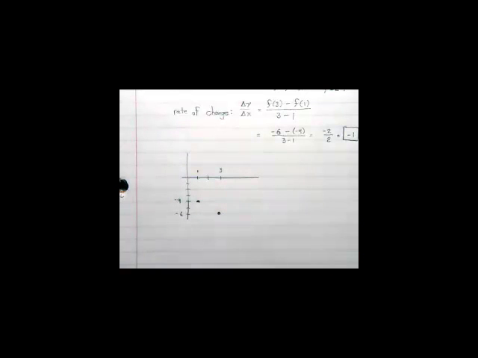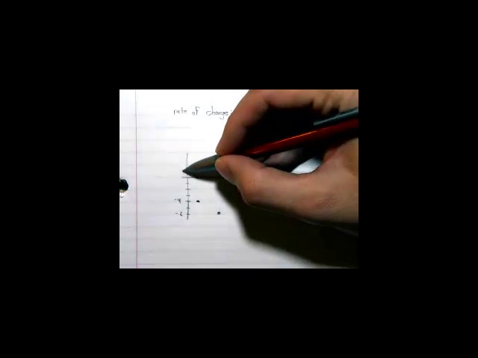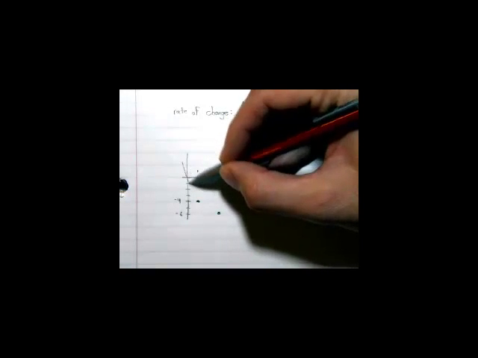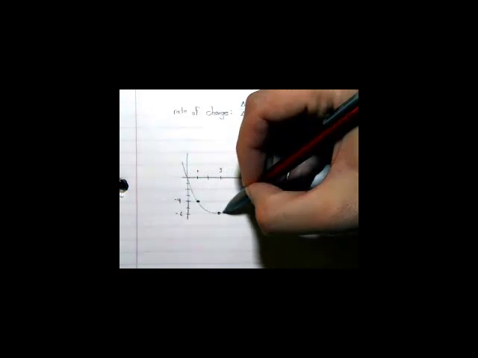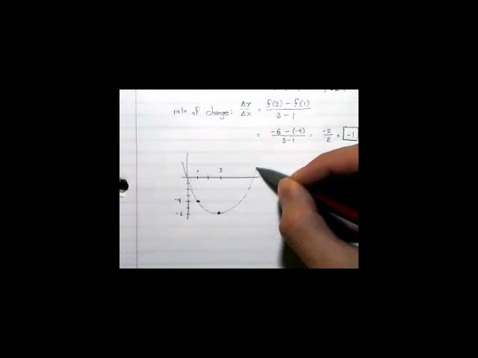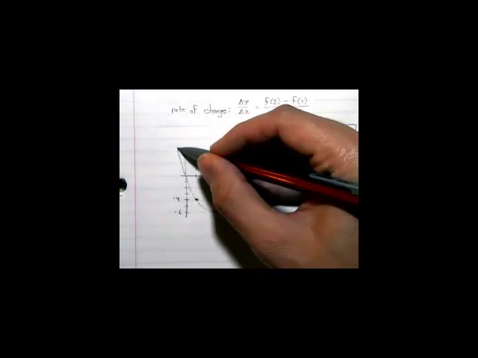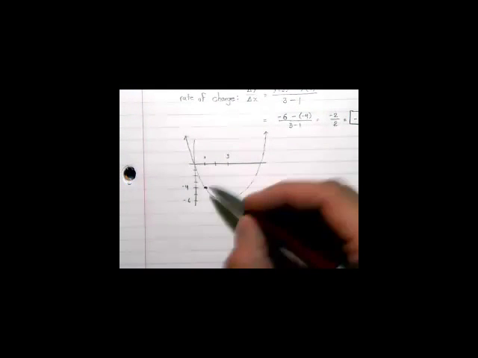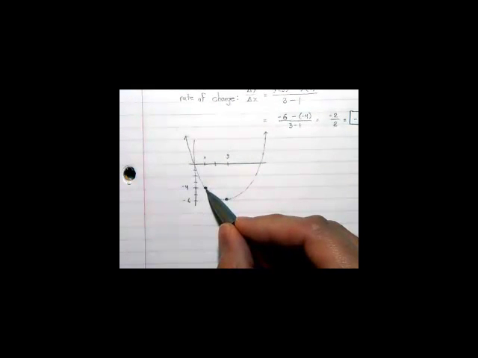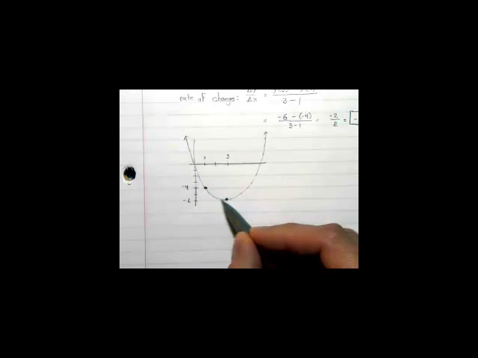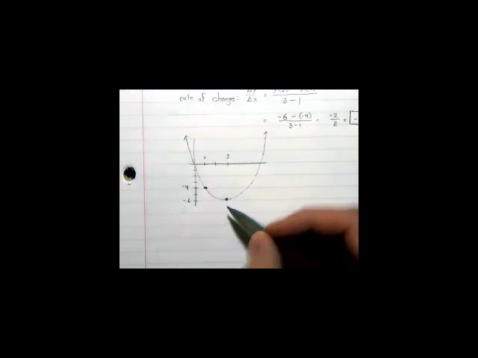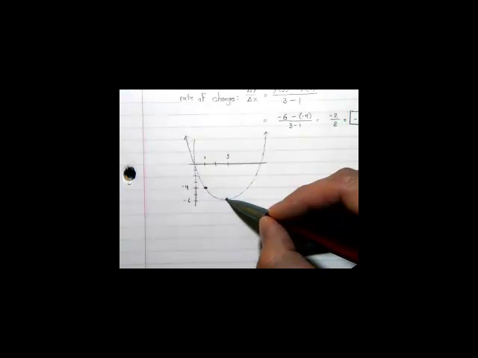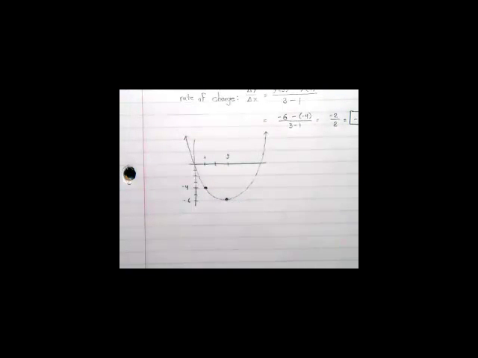I'm not exactly sure what this curve looks like, but it's a parabola opening up, so it's probably doing something like this. It's curved. We're investigating just this little piece of it from 1 to 3. As the point changes along there, what is its average rate of change?